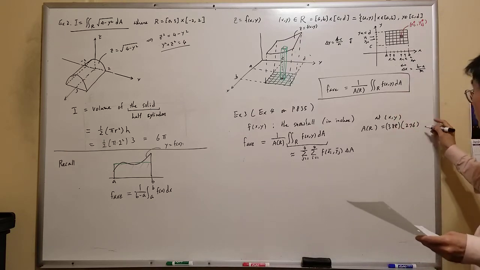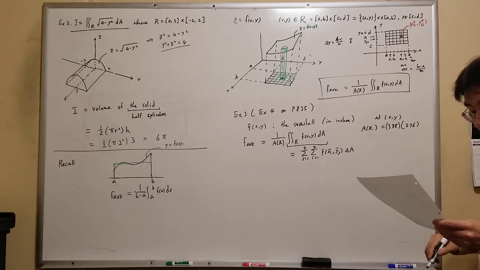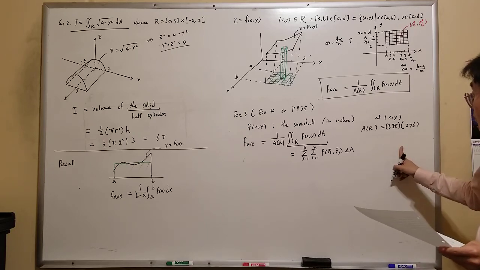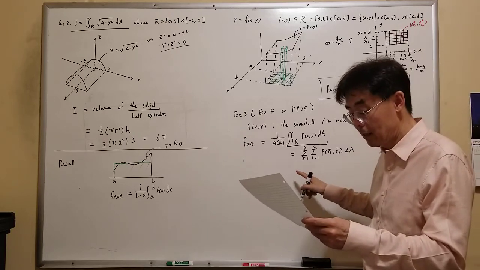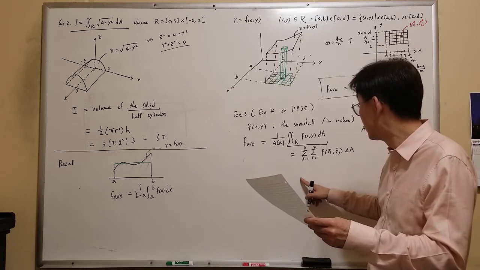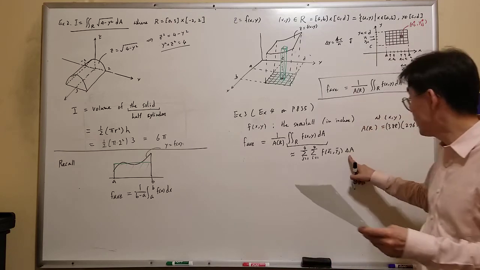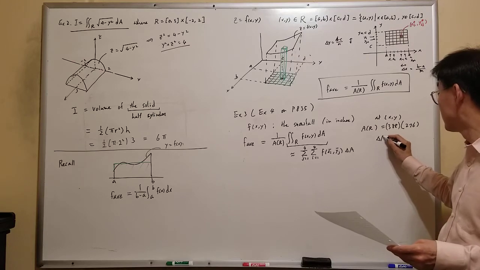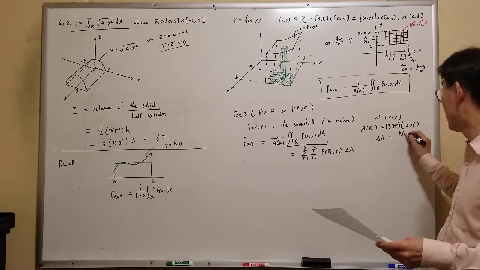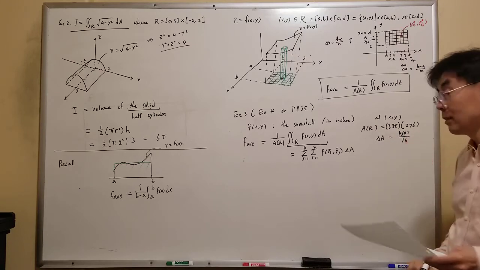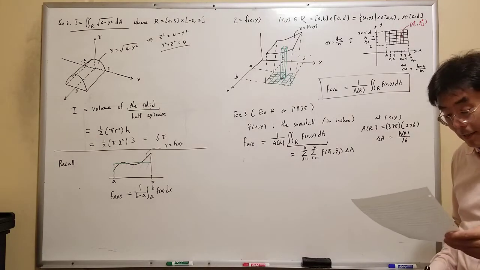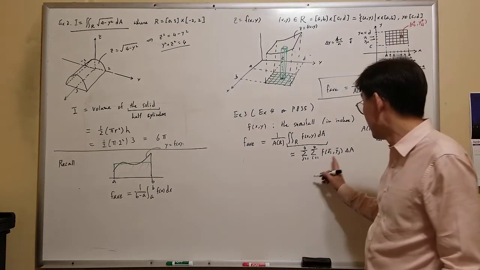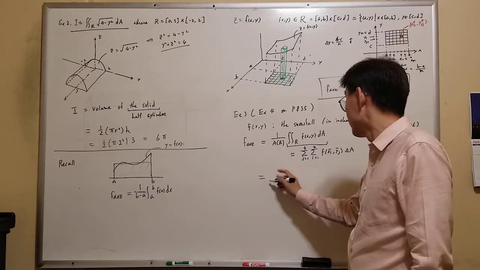This times this is in square miles. And then delta A is just this area of R over 16, isn't it?